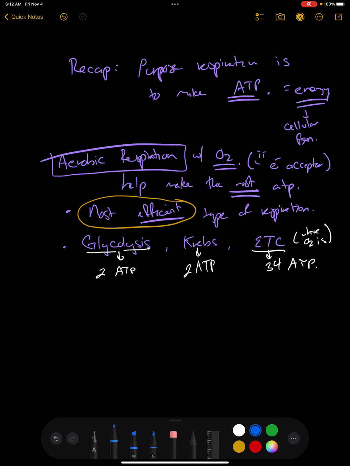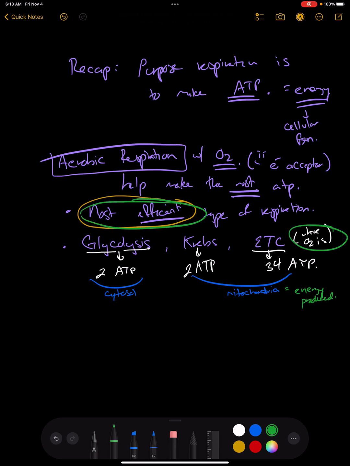And don't forget, glycolysis was in my cytosol. Krebs and the electron transport chain, we won't have to name specific places, but this was definitely located in the mitochondria. That's why whenever we talk about the mitochondria, that's where the energy is produced. Okay? So it's the most efficient because it has the oxygen. I can make the most ATP there.